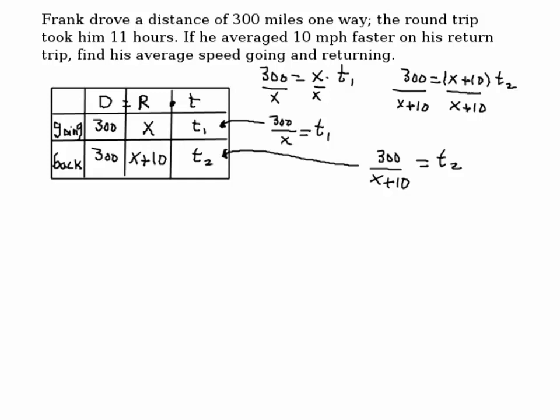What's the relationship? You see these two times, t1 and t2, should add up to 11. So here we have 300 over x plus 300 over x plus 10 is equal to 11.